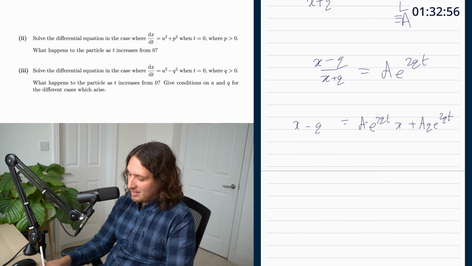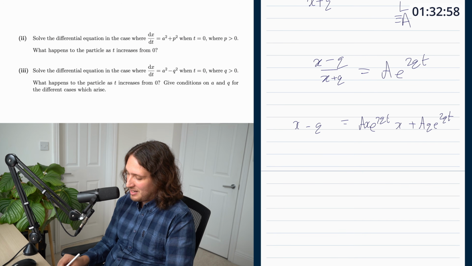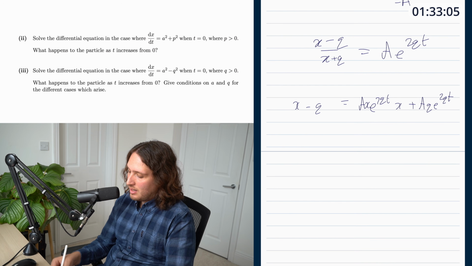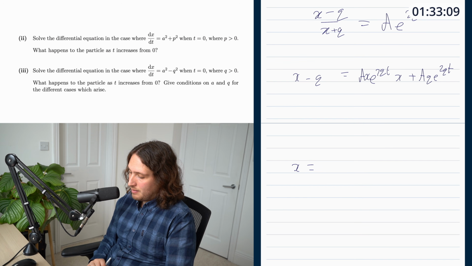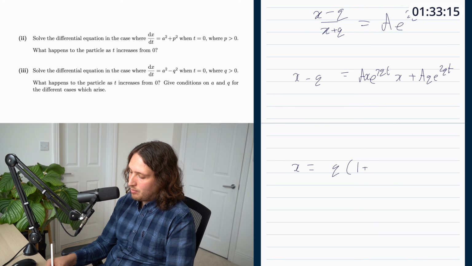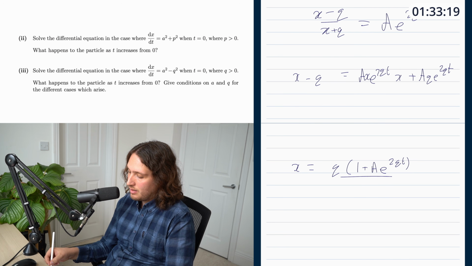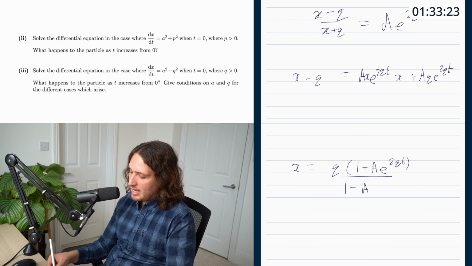I've dropped an x. Goodness me, we've got to be careful. A x e to the 2qt plus x, and the same thing with a q instead. Good. So x, therefore, is q times 1 plus A e to the qt over 1 minus A e to the qt.